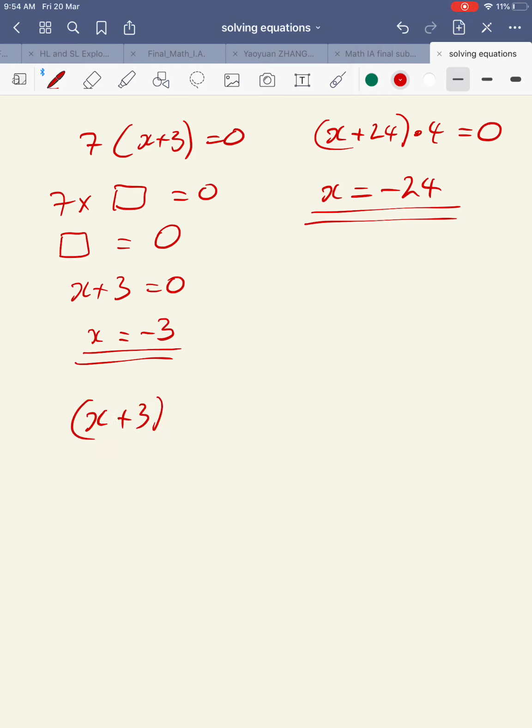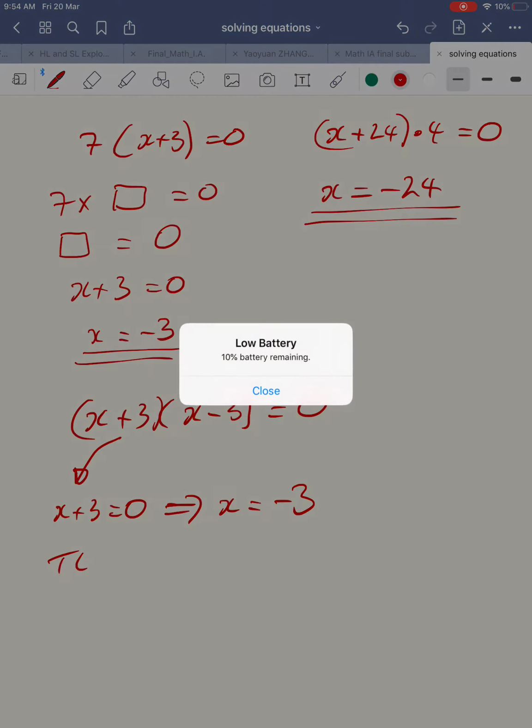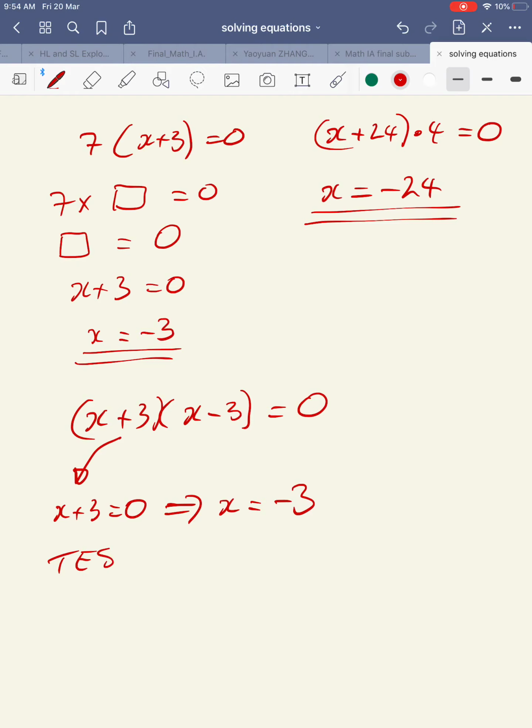Well, what if I had bracket times bracket equals 0? What if I made this bracket equal to 0? That would mean I make x equal to negative 3. Let's just test it. If x equals negative 3, we are going to substitute negative 3 here and negative 3 here and see if it works.